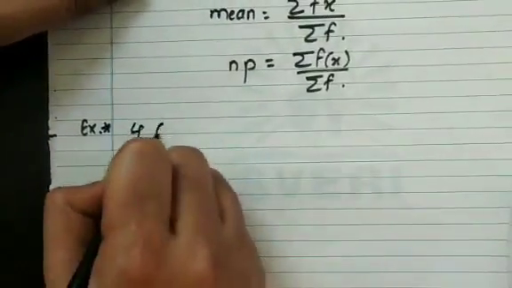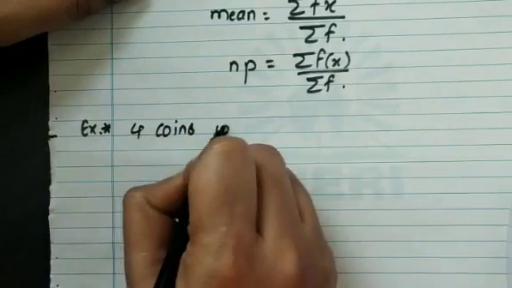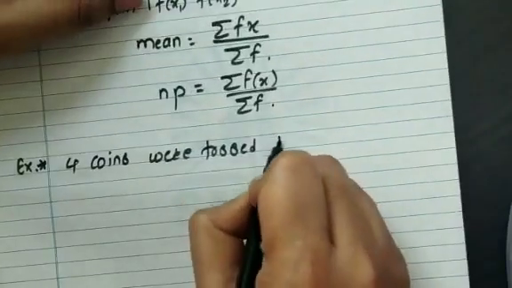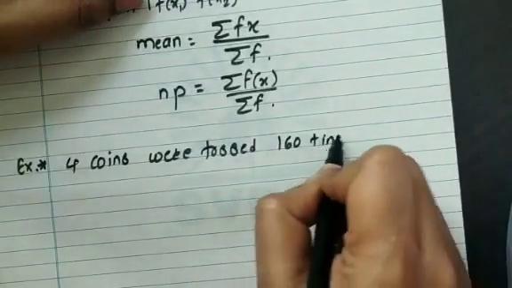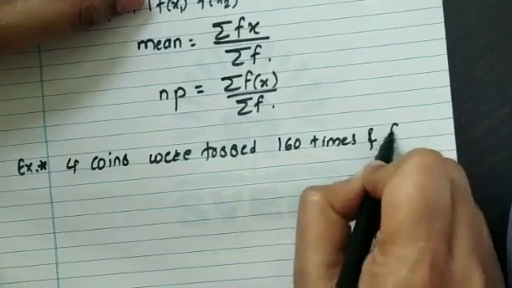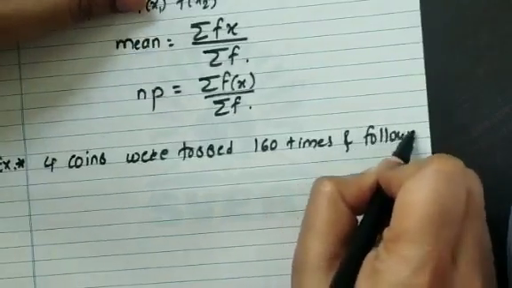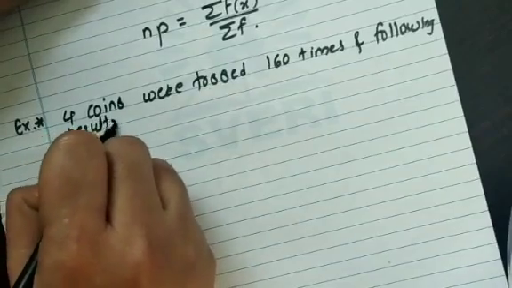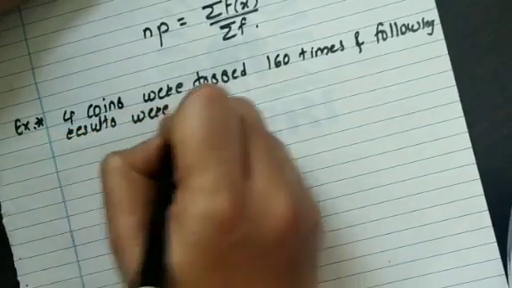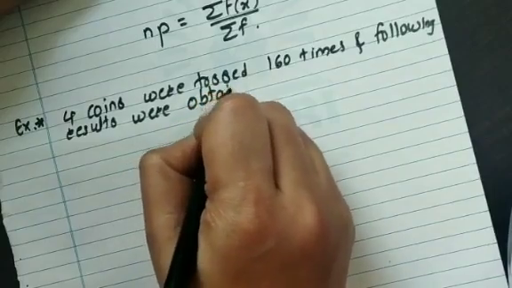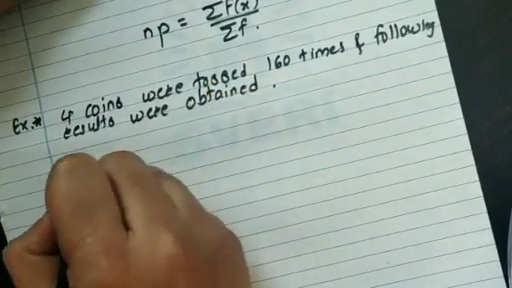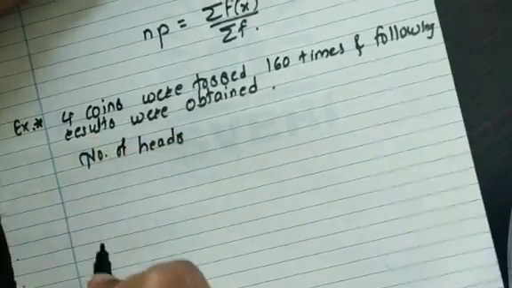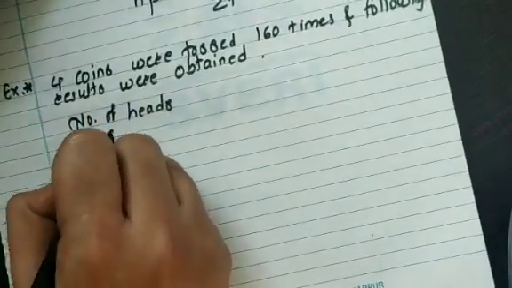Four coins were tossed 160 times, and the following results were obtained. Number of heads and frequencies are given.